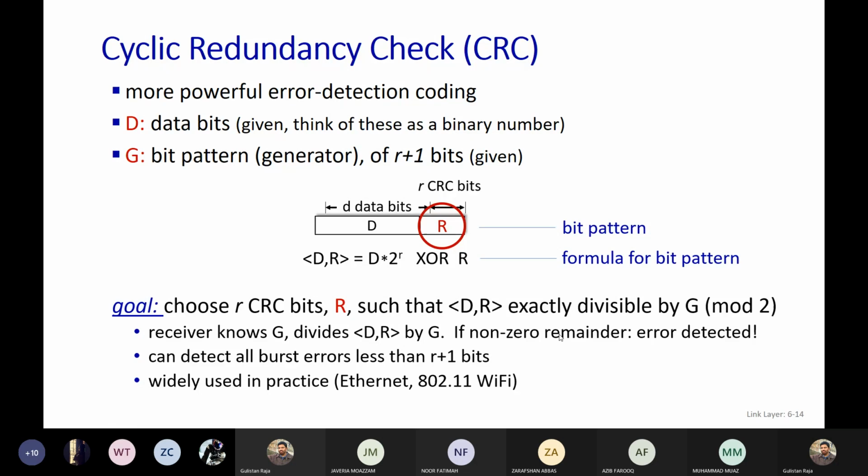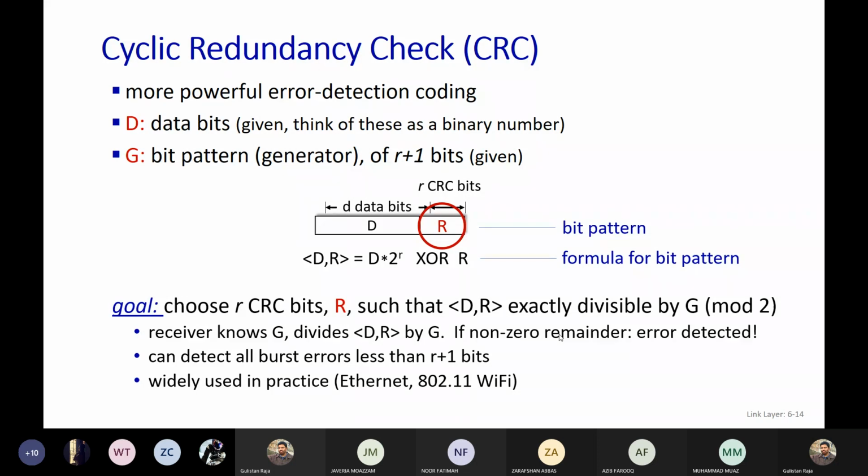Obviously, if the remainder is zero, it means no error. But if the remainder is non-zero, an error is detected. And it can detect all burst errors. Burst errors means more than one bit error.